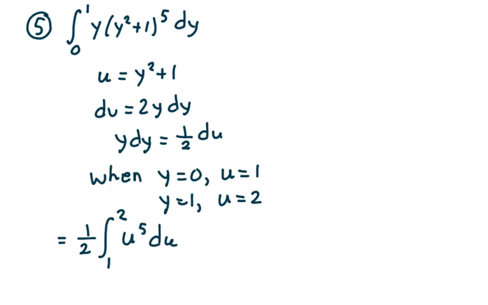Okay, so this is equal to 1/2 times 1/6 u to the 6th evaluated from, and then my lower limit is 1, my upper limit is 2.